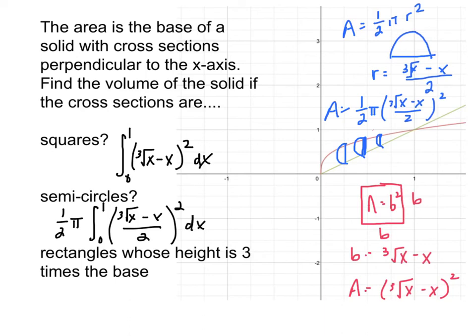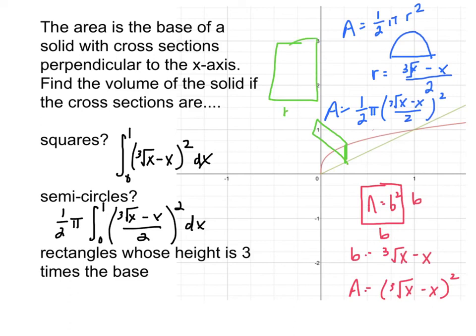Okay. Finally, what if we were building rectangles whose height was 3 times the base? So now I'm still dropping that base down like this, but now it's a tall rectangle. Okay, so let me just write this right over here.